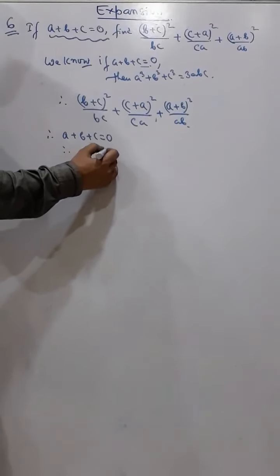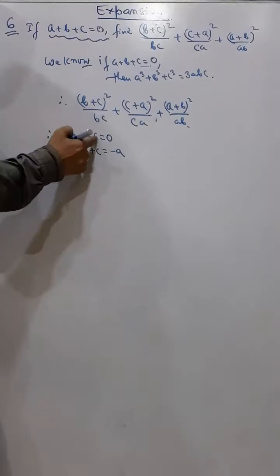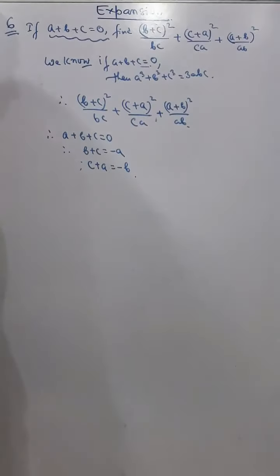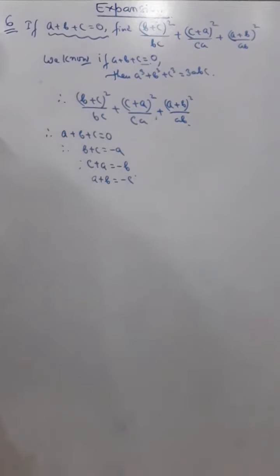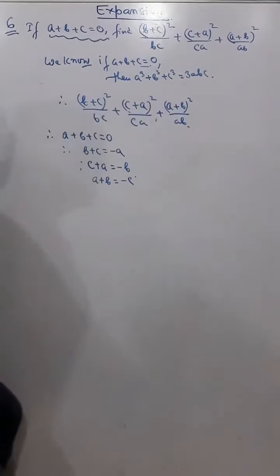Now b plus c means minus a. Similarly c plus a. From here c plus a means what? c plus a means minus b. And then a plus b. And a plus b means what? Minus c. Now we'll put these three values in place of these three. Okay.